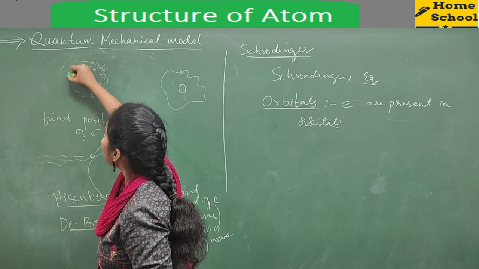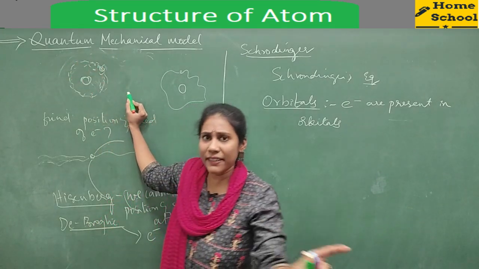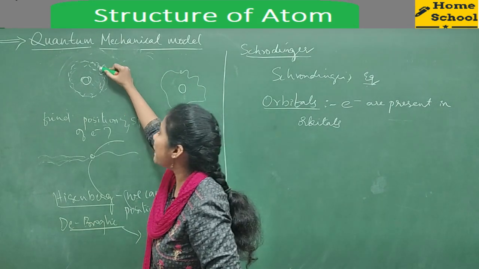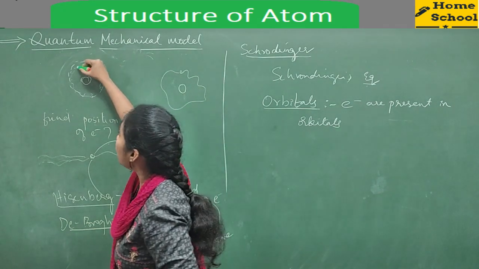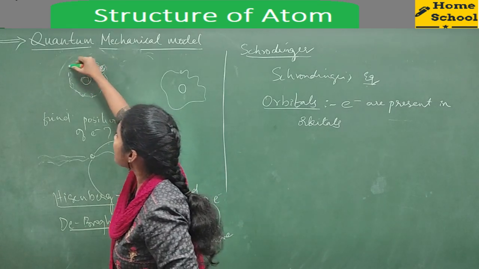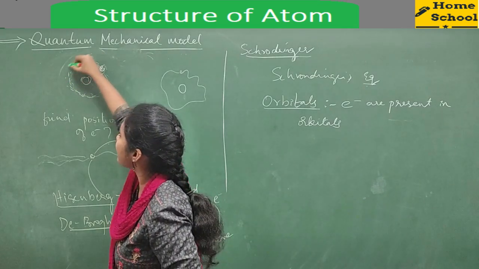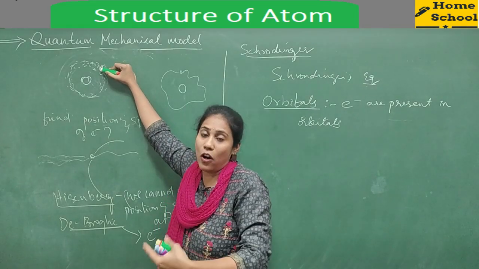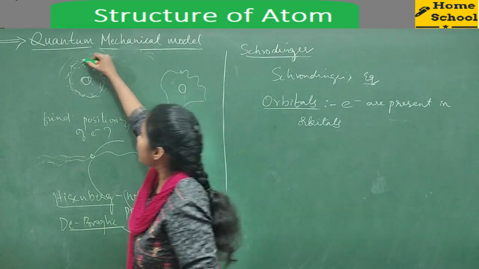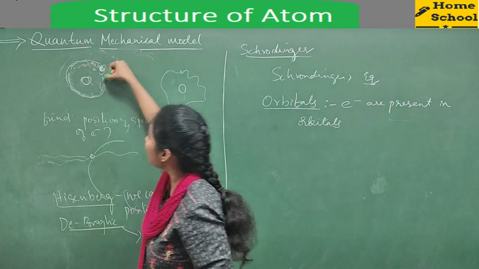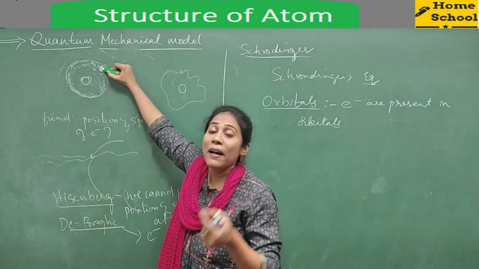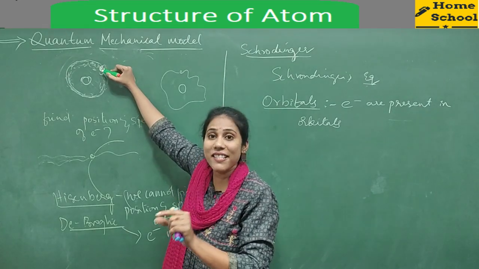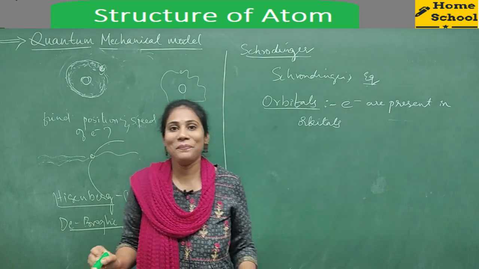Most of the time, not 100%, but 90% of the time, this electron is only moving in this particular space. This much is the space used by this electron to stay or to revolve. Such a space around the nucleus where you have maximum chance of finding an electron is called orbital.